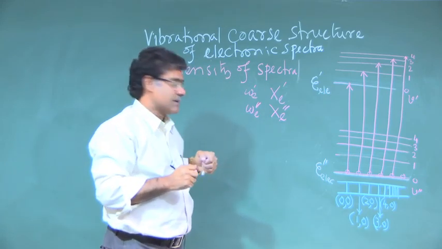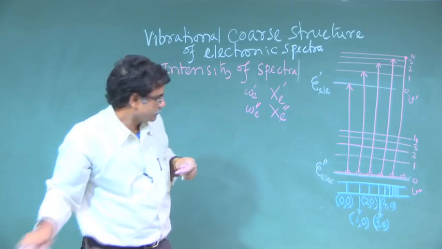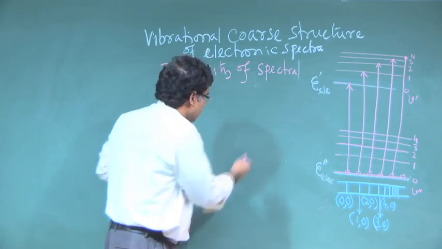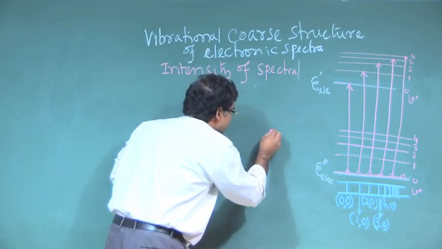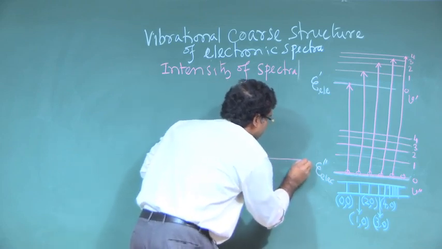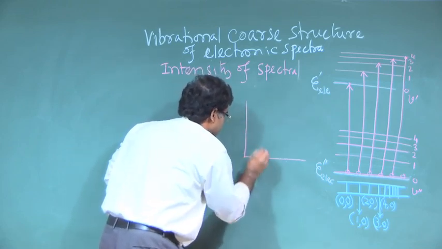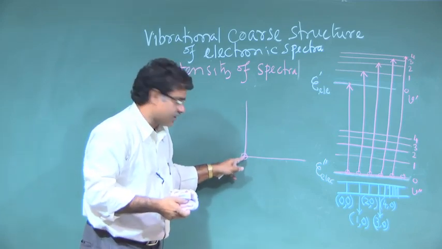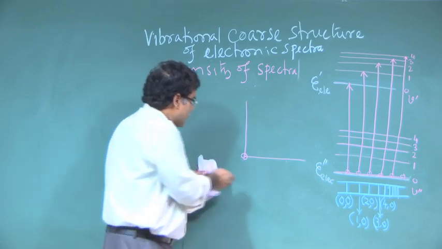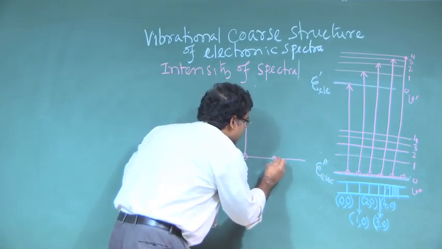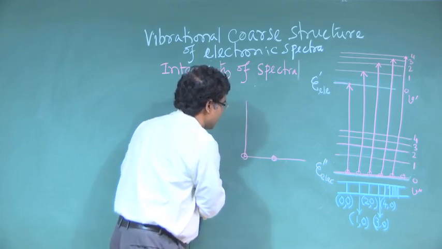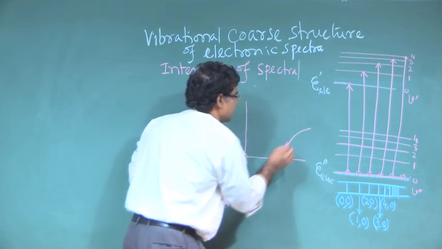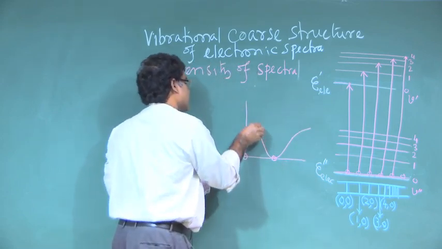So, here we can say that one atom is fixed. When their separation is changing, their energy will change, right. So, this is the equilibrium energy, and from here it is changing like this.